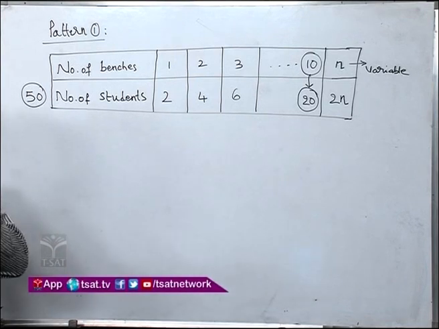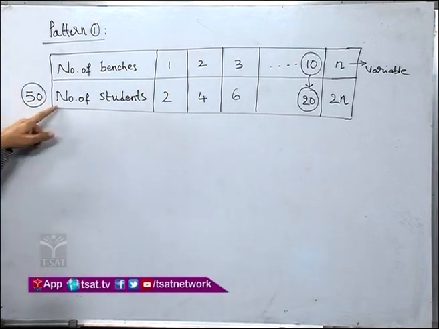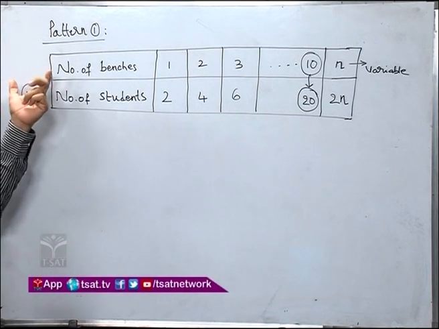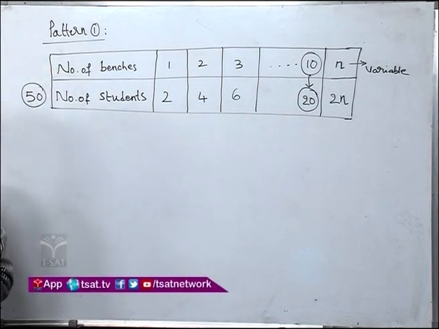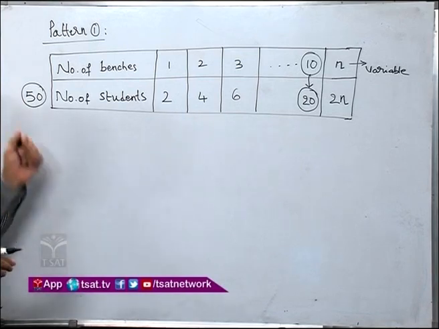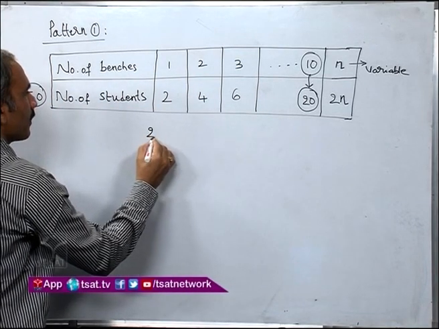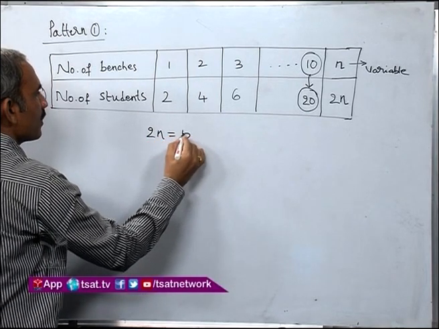But now, in reverse, if I have a capacity of 50 students, then how many benches do I need? That is my question. Now, how can you represent this? That means 2n is equal to 50.